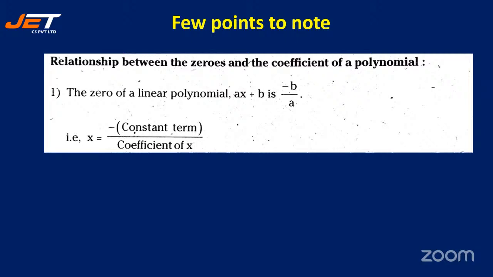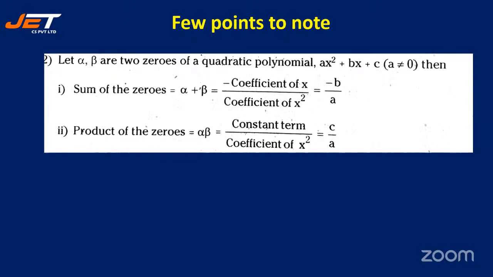The zero of a linear polynomial ax plus b is minus b by a, that is, minus the constant term by the coefficient of x. So x is equal to minus constant term by coefficient of x.